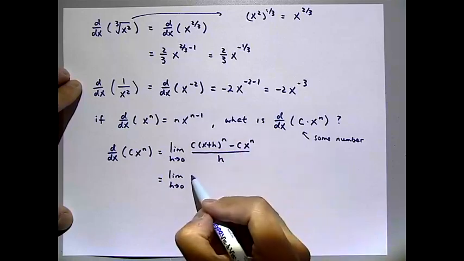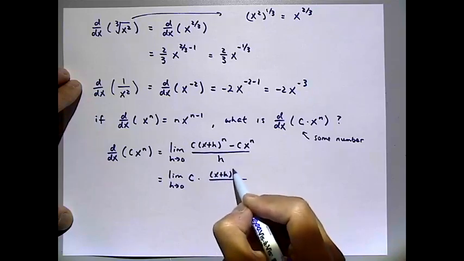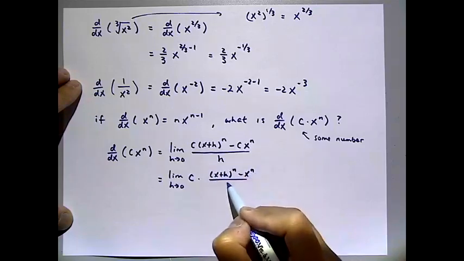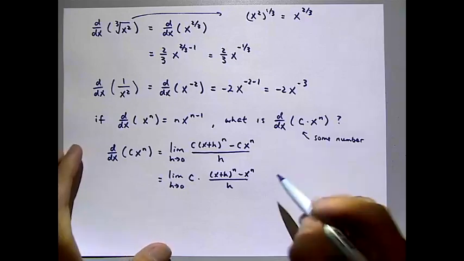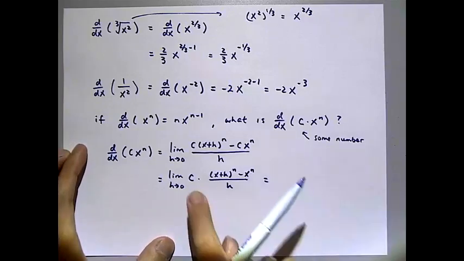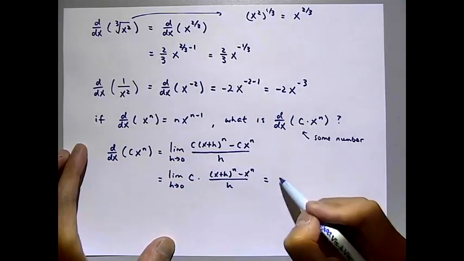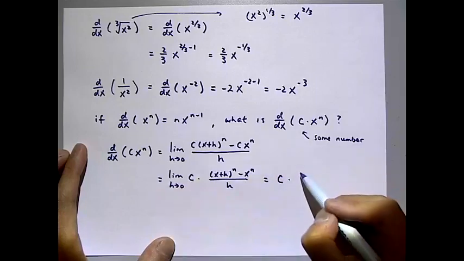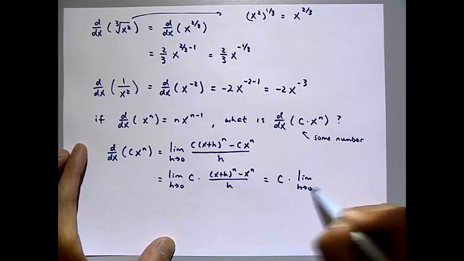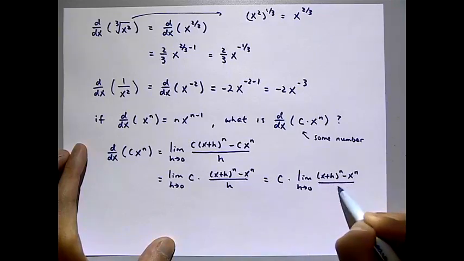That allows me to rewrite it this way. Right? I can pull out a c as a common factor and just leave it out. And when you take the limit, remember, any part that doesn't depend on h can be removed from the limit. So this is equivalent to c, the number that doesn't depend on h, times the limit of (x plus h) to the n minus x to the n, all over h.